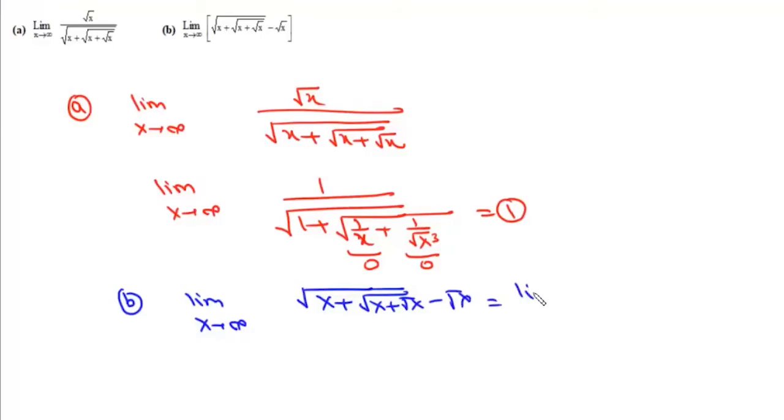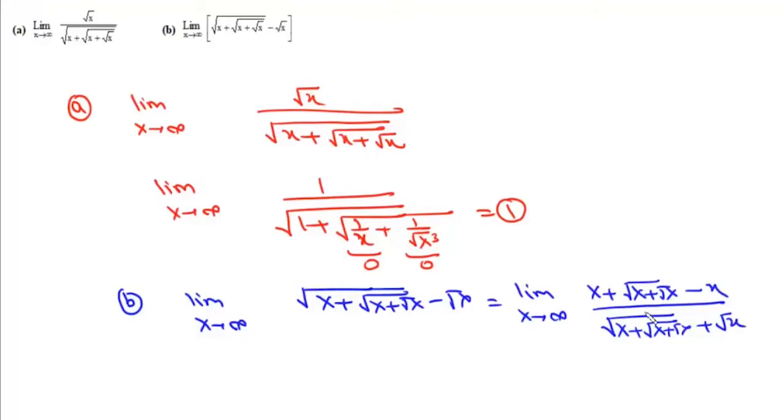Now we rationalize it, we can write this as limit x tends to infinity, and this will be x plus under root of x plus under root of x minus x upon under root of x plus under root of x plus under root of x plus under root of x. Now the highest power of x in the numerator is 1 by 2 and the highest power of x in the denominator is also 1 by 2. Now the coefficient of x to the power 1 by 2 is 1, and here it is 1 plus 1, 2. So the answer to this limit is 1 by 2.